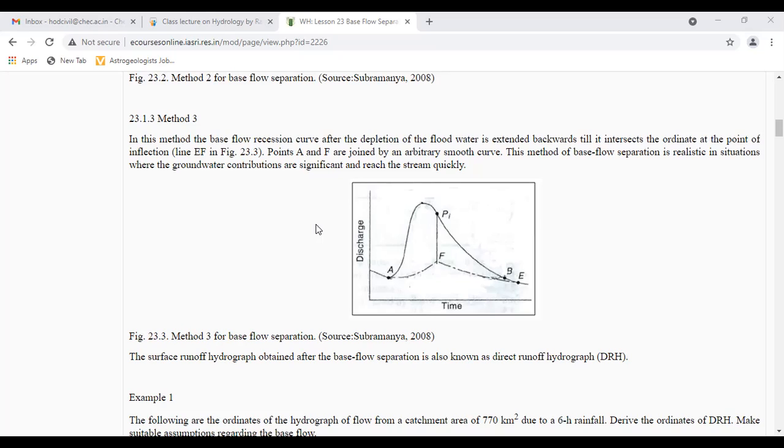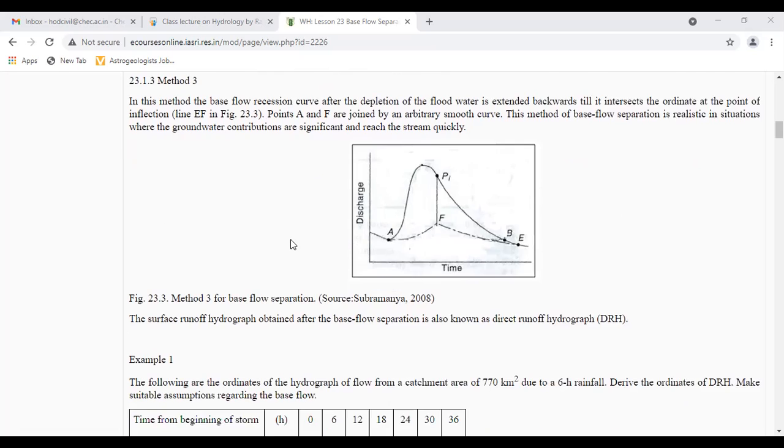In method 3, the base flow recession curve after the depletion of the floodwater is extended backwards till it intersects the ordinate at the point of inflection. Here, points A and F are joined by an arbitrary smooth curve. This method of base flow separation is realistic in situations where the groundwater contributions are significant and reach the stream quickly.